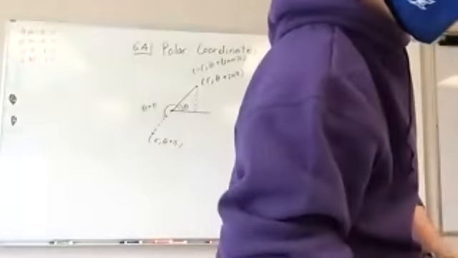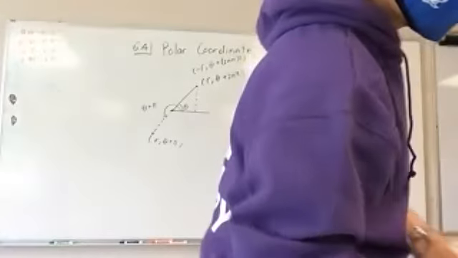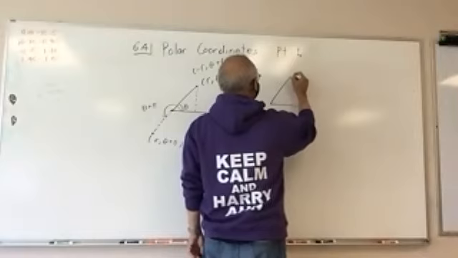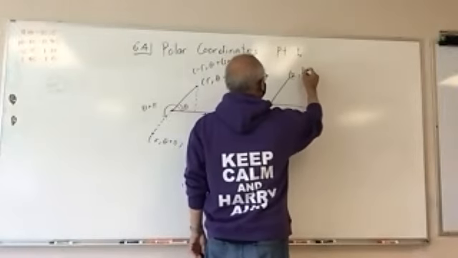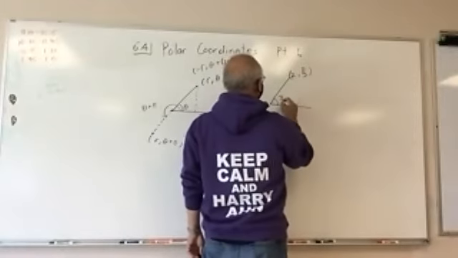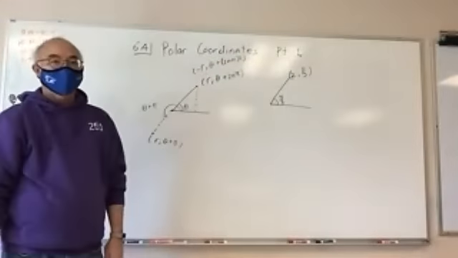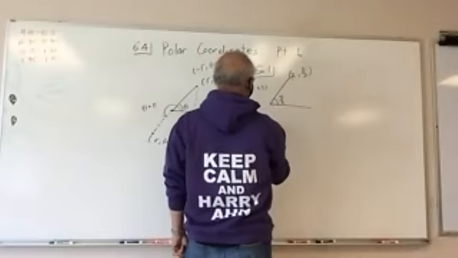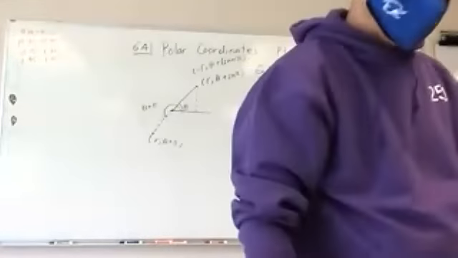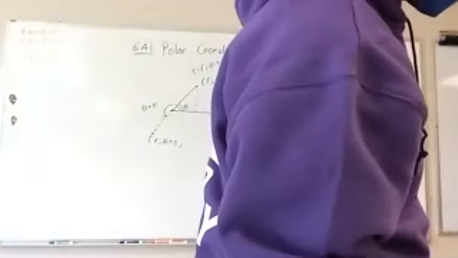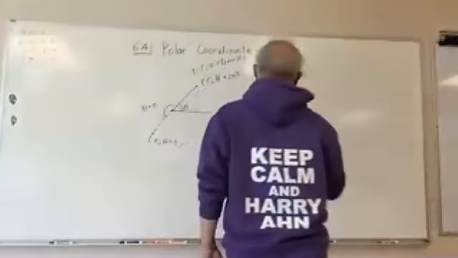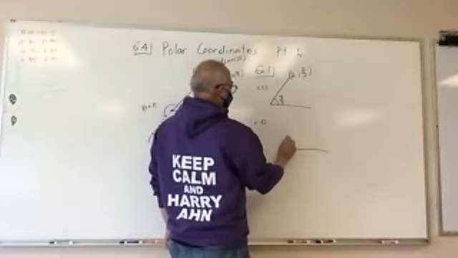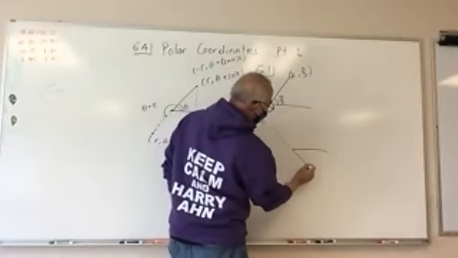Example number 1, plot the points with a given polar coordinate system. So the first one is going to be here, and this is going to be 2 and pi over 3, which means that this guy here is going to be pi over 3, 60 degrees, right? That would be 1. So this is example 1, and this is 1. 2, or B, I guess, is negative 1, 3 pi over 4. So I'm going to go here, 3 pi over 4, which is here, but I'm going to go negative 1 down this way.